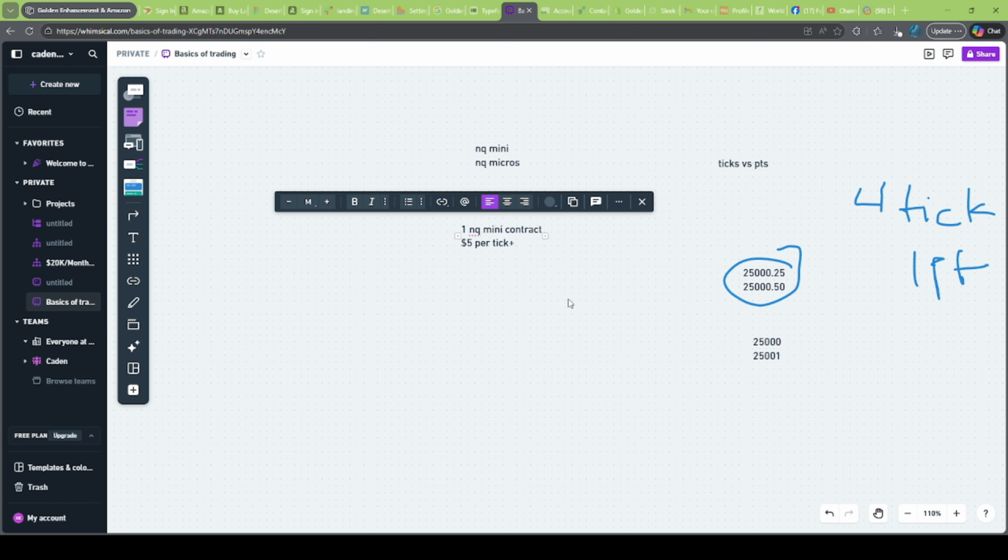Now, if we apply the same logic that we just learned, that there are four ticks in 1 point, that means that each point value on the NASDAQ is going to be equal to $20.